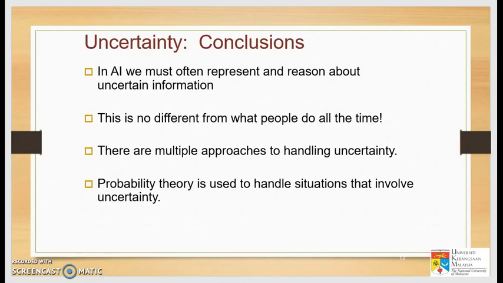So we need to catch this uncertainty and ask the experts if they can give a weightage, percentage, or some kind of measurement. Otherwise, we have to calculate that ourselves. There are multiple approaches to handle uncertainty, and probability theory is used to handle situations that involve uncertainty as well.